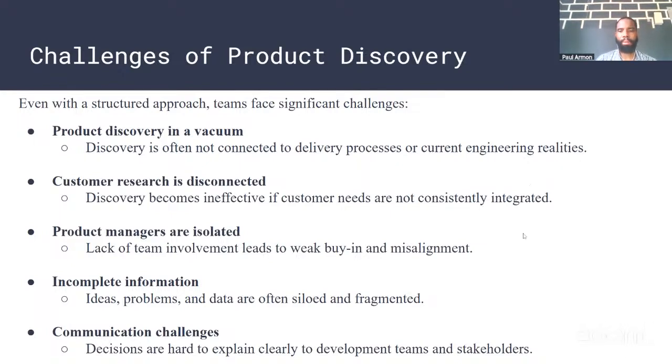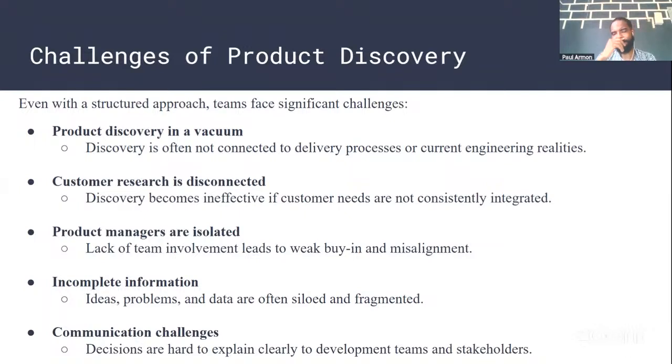Then the final one is communication challenges. Decisions are hard to explain clearly to development teams. For example, information comes from top-level management down to the product manager, who is going to explain it to his team.